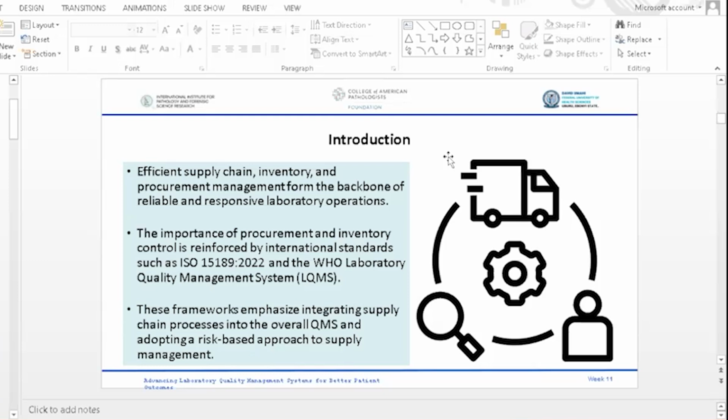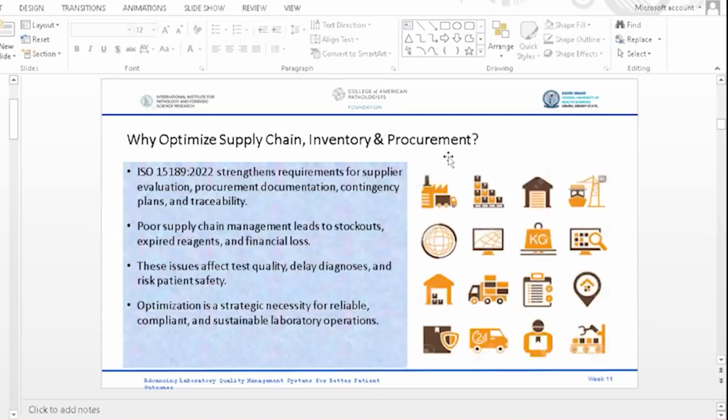These frameworks, that is the ISO 15189:2022 and the WHO laboratory quality management system, emphasize integrating supply chain processes into the overall QMS by adopting a risk-based approach to supply management. Why optimize supply chain, inventory and procurement? Why is it necessary that the supply chain, as well as the inventory and procurement processes, should be optimized?